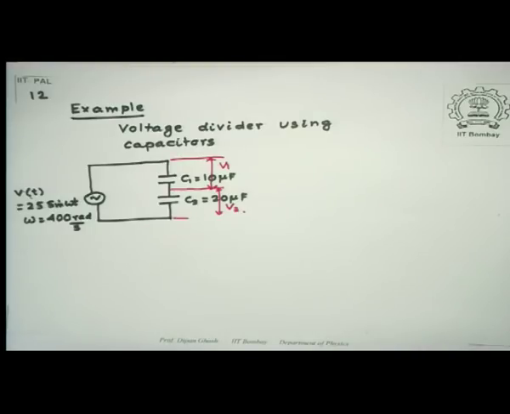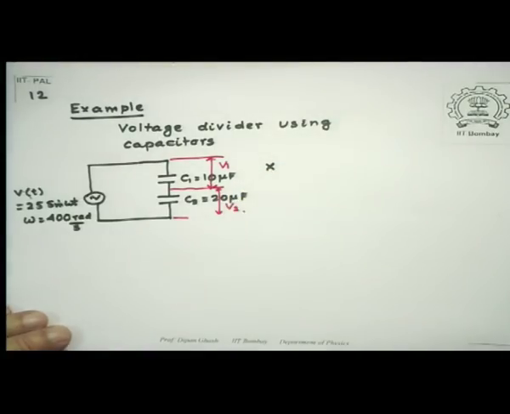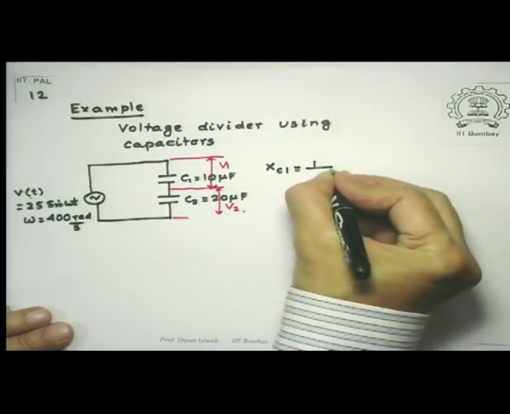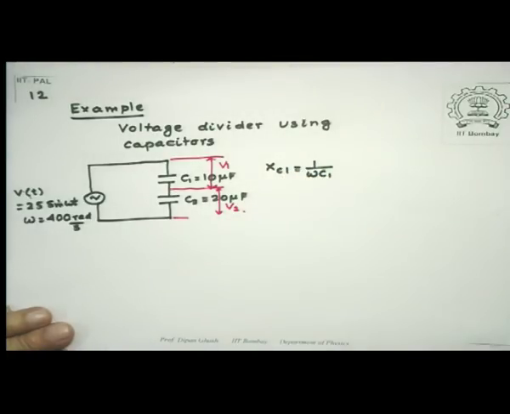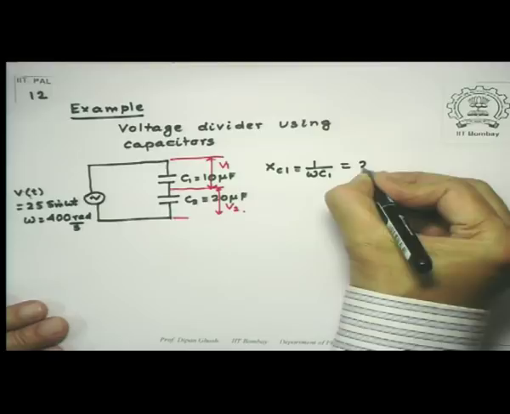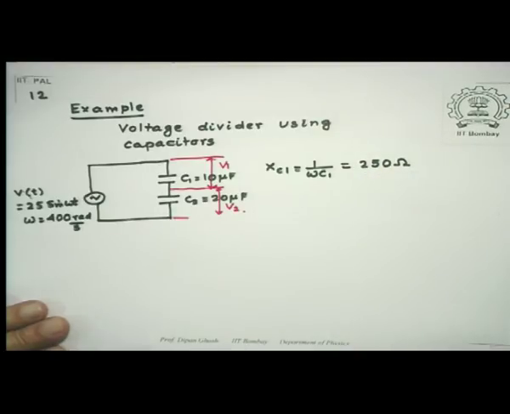Now in order to do that, what we need to find out is the reactance of the first capacitor. This is equal to 1 over omega C1. Omega is 400, C1 is 10 microfarad. So that we have just now worked out in another problem to give me 250 ohms.